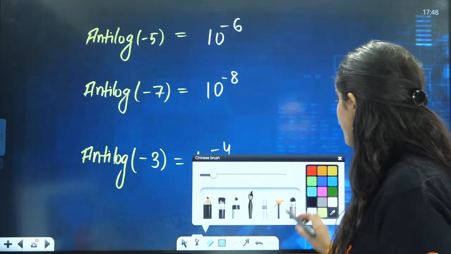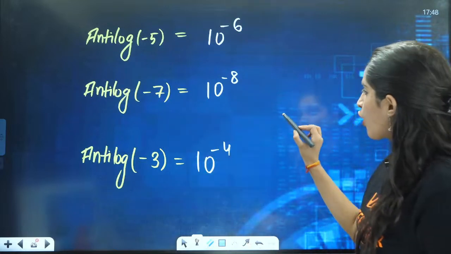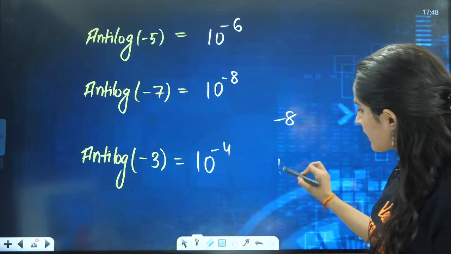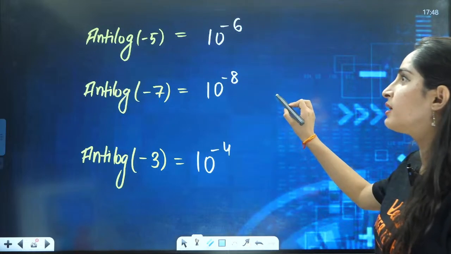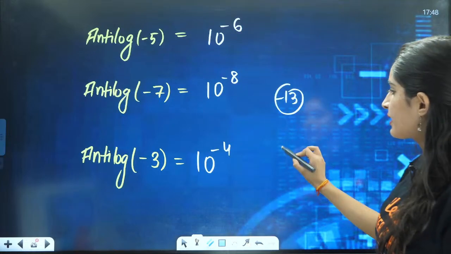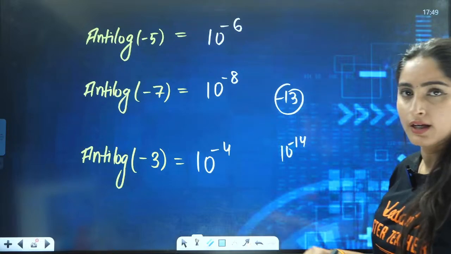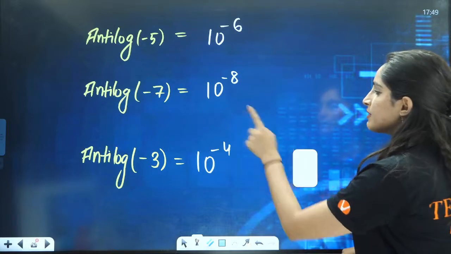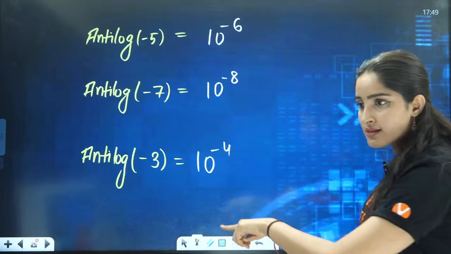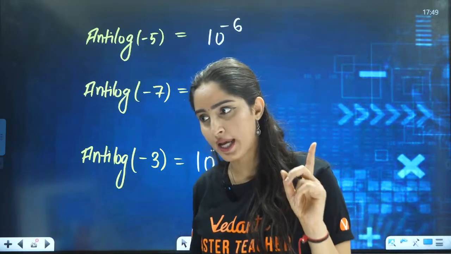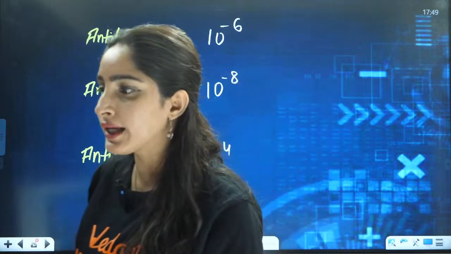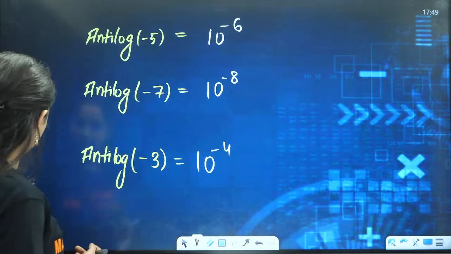For example, if they give us antilog of -8, then you will write it as 10 raised to power -9. If they give you antilog of -13, then you will write it as 10 raised to power -14. So 10 will stay as it is, minus will stay as it is, but the value will increase by 1, right?